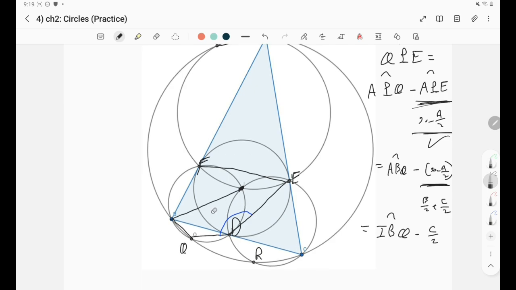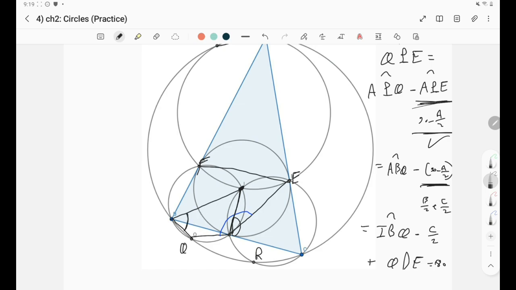How can we handle this angle? Let's have a look at this angle here. Of course, our goal, remember, is to show that if we add that angle, QDE, it's going to get like 180, basically. Now, one thing you can think about is if you drop this thing here, this thing is cyclic.